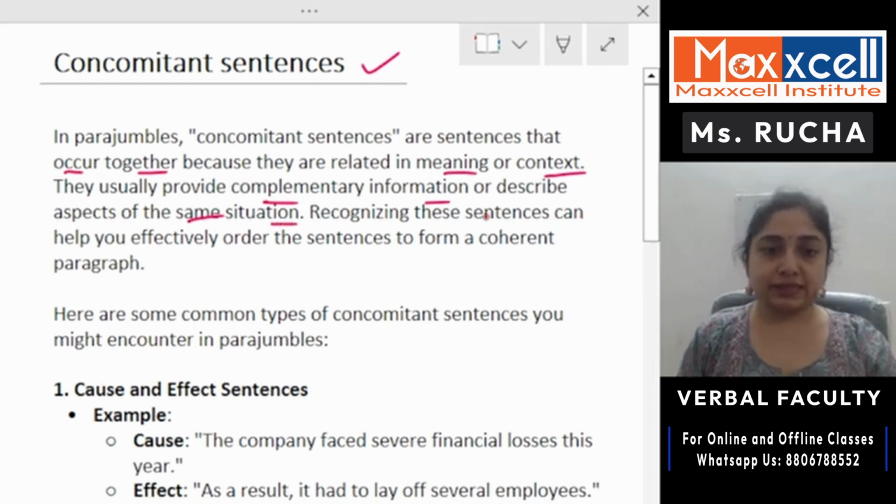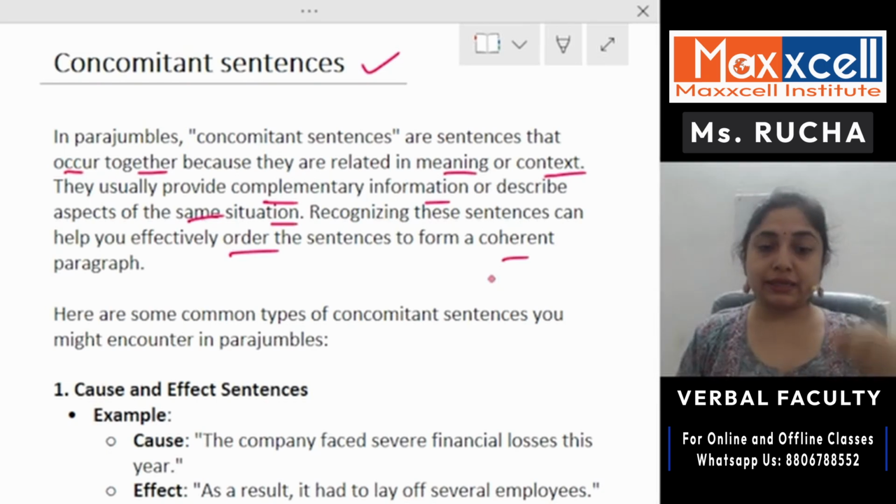Recognizing these sentences can help you effectively order the sentences to form a coherent paragraph. We will understand this with the help of an example also, but before that, let us understand what kind of relations these sentences share, or how to identify that these two sentences are related to each other.